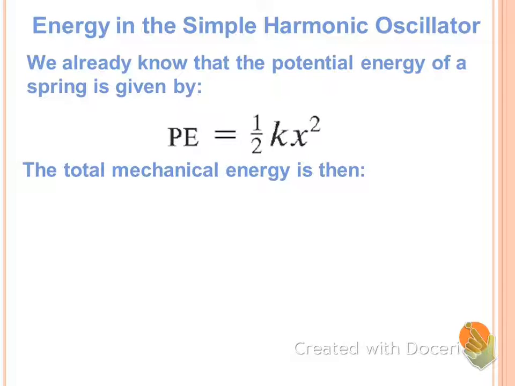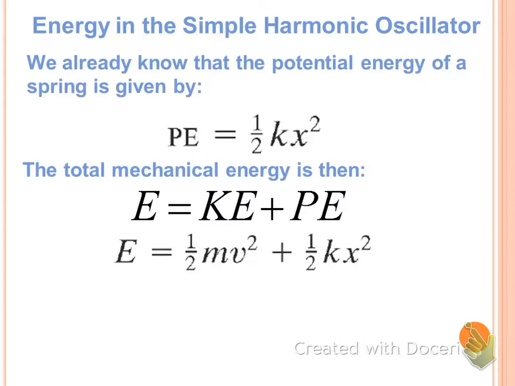So potential energy of a spring is given by that equation. We know the total mechanical energy of any system is potential plus kinetic, right? So if we're looking at a spring, 1/2 mv squared is the kinetic, 1/2 kx squared is potential. If our spring is moving, it's going to have both potential and kinetic. If it's stretched all the way to its max, what would it have? Only potential.